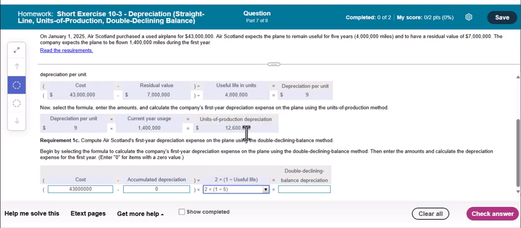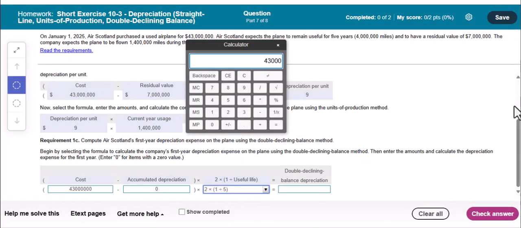So now we can go ahead and do our calculation. Take that 43 million for the cost, and then no depreciation, so we can go ahead and subtract 0 or just leave it be. And then we're going to take that number and multiply it by 2, divide by 5, equals 17,200,000.